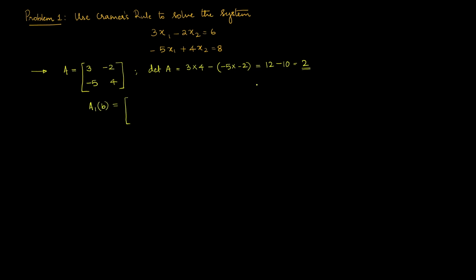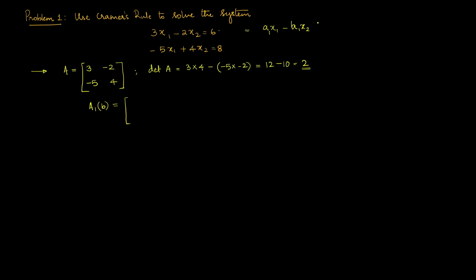Let me find out A1(b). For that, I need to write the equation by replacing the first column of A with the entries on the right side. Let me rewrite this expression so I know what elements I have written.